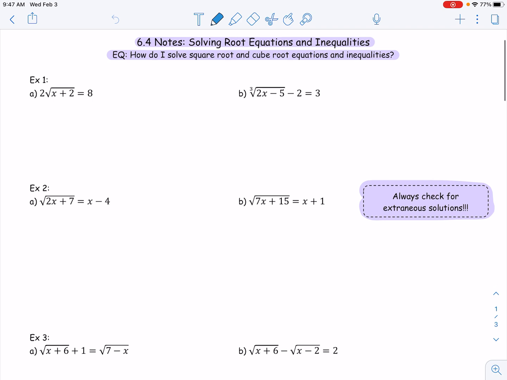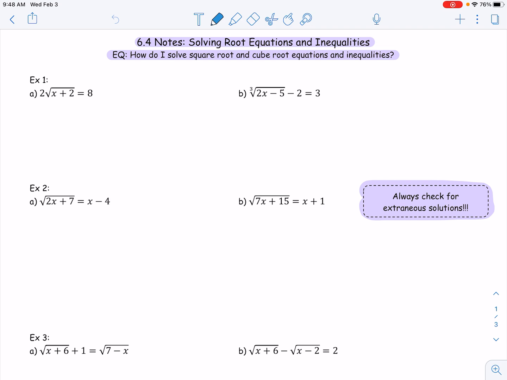The one thing that we really need to remember when solving an equation is that we do have to check for an extraneous solution. The word extraneous means that even though we do all the math correctly, it just doesn't work when we put it back into the equation.